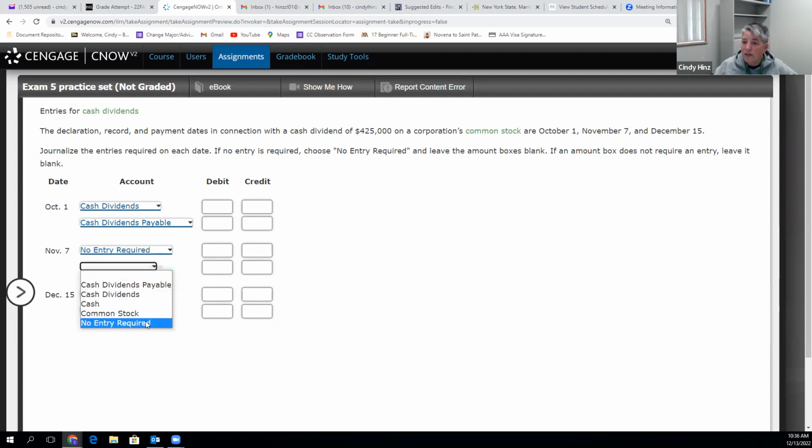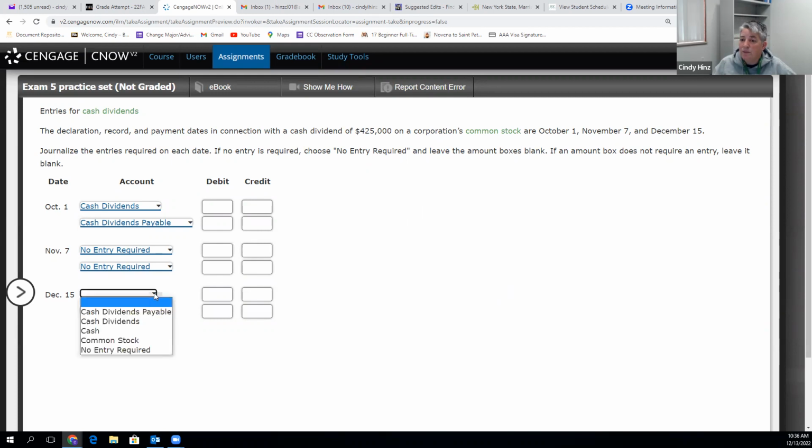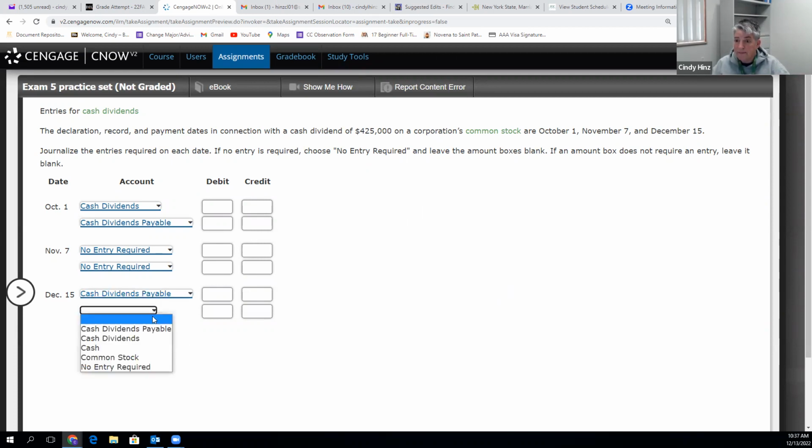On the record date, which in this exercise is November 7th, there's no accounting entry needed, but it is an important date for us because it does determine who is going to receive those dividends. And finally, as we move ahead to the payment date, we're going to reverse that liability because we will no longer owe that because we're paying it. And of course, we use cash to do that.